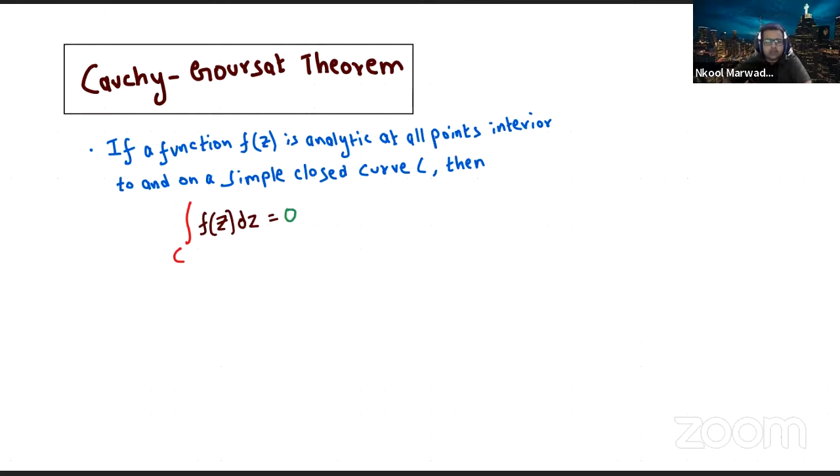Now see, we are already aware of what a closed curve is. Curve means any arc, and if it is closed, it will be something like this. So for example, a closed curve, and f(z) is analytic on all the points in this region and also on the curve itself.